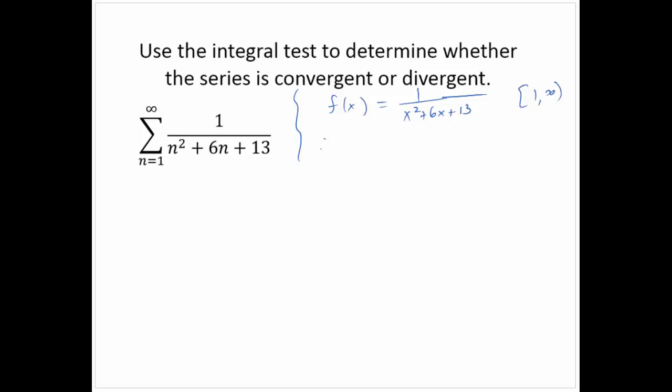Checking the discriminant, 6 squared minus 4 by 1 by 13 is 36 minus 52. That's less than 0. So there are no real zeros for the denominator. So it's continuous.